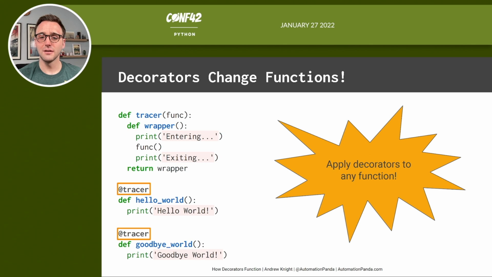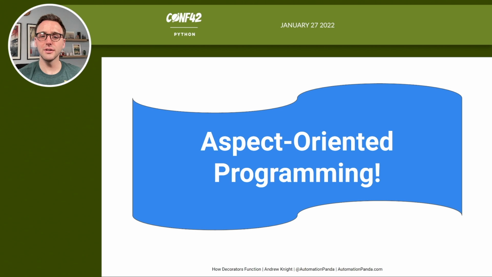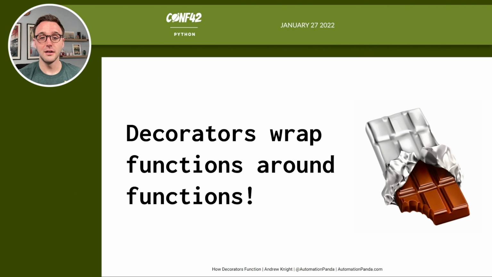The best part is, decorators can be applied to any function. They make sharing code easy so you don't repeat yourself. Decorators are reminiscent of a paradigm called aspect-oriented programming, in which code can be cleverly inserted before and after points of execution. Neat! So remember, decorators wrap functions around functions, like candy bars.